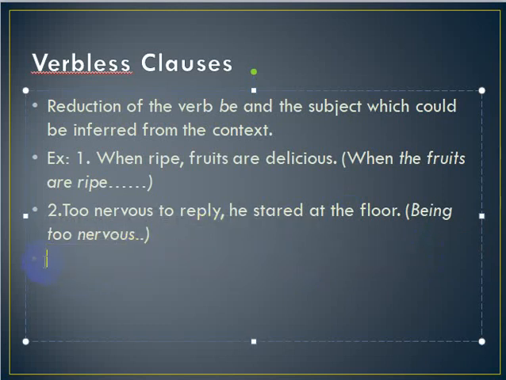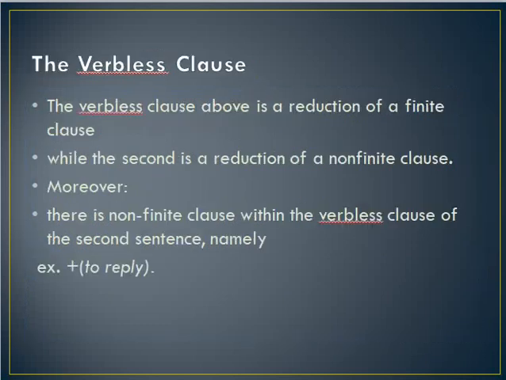Okay, I keep giving these additional examples so that you fully understand the topic. The verbless clause above is a reduction of a finite clause, as I said, while the second is a reduction of a non-finite clause.